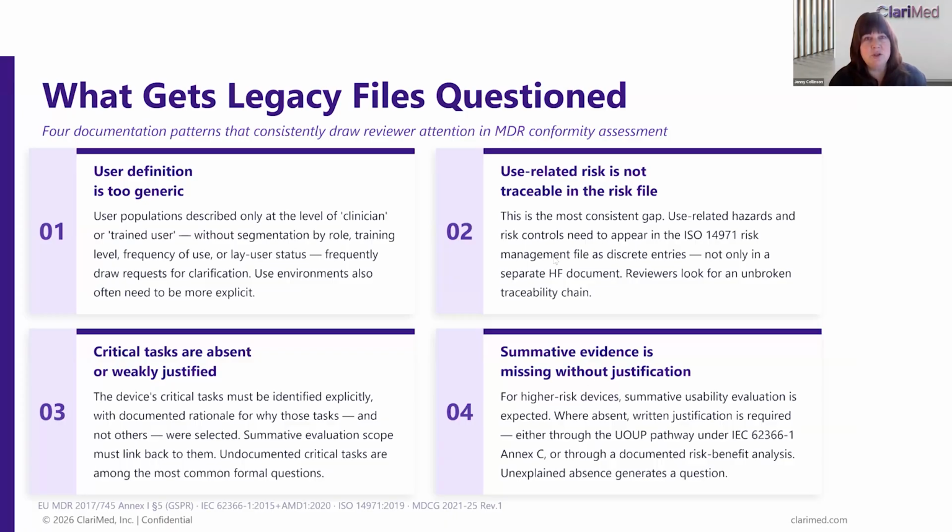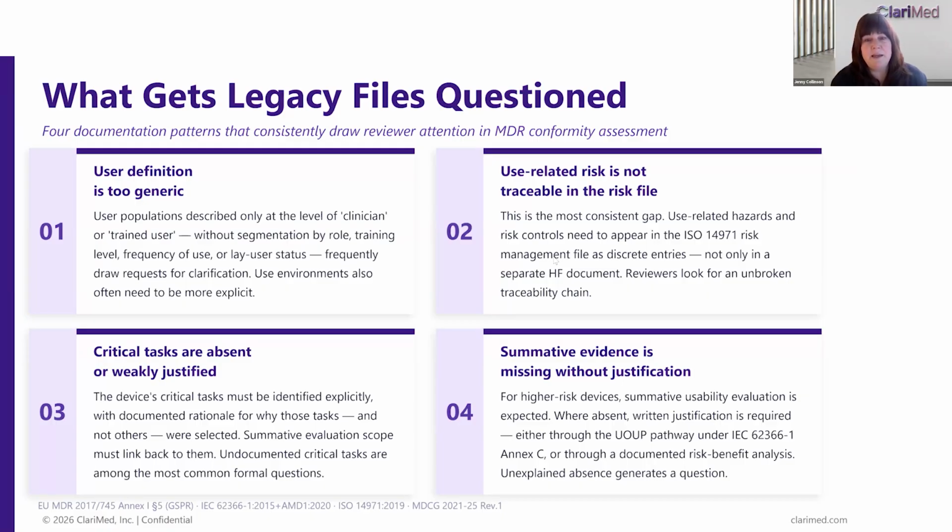Because, of course, if you don't identify them properly, then that can result in incomplete summative being conducted or an incomplete data set being collected if you're looking at post-market data to support why these risks aren't realised. And that then is an incomplete usability engineering file.